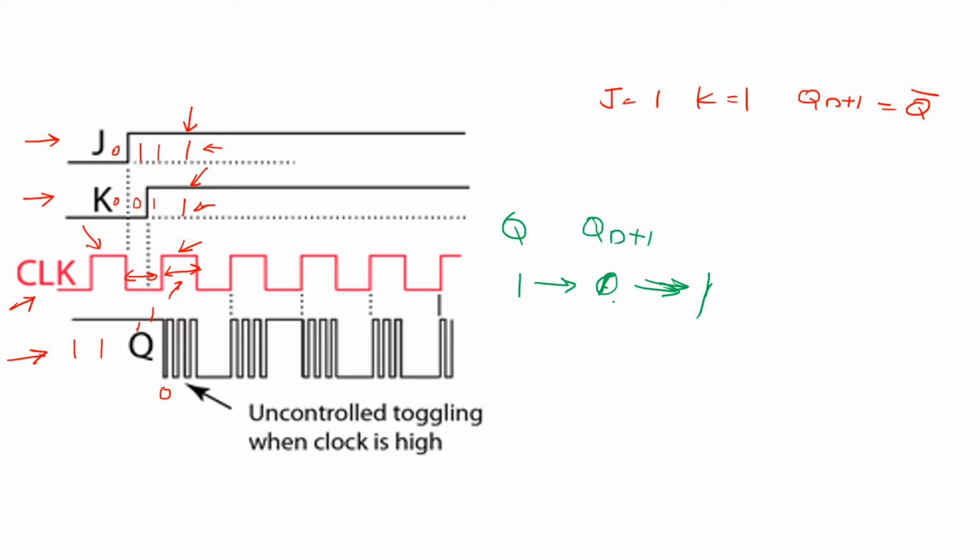That is, you cannot predict what the final output will be when you remove the clock signal, because this toggling continues. This is known as the race around condition. That means your output will get toggled more than once when you apply J equal to 1, K equal to 1 and the clock signal. This is known as the race around condition.